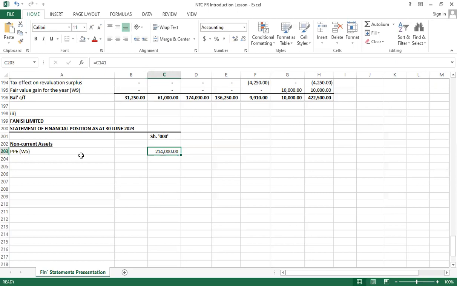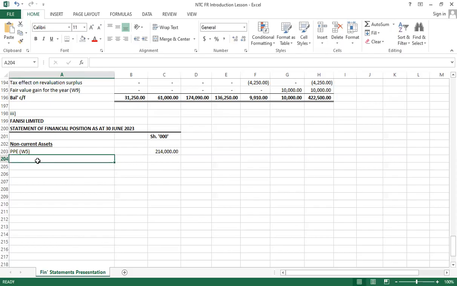Even if the figures for the individual assets are correct, you cannot get marks. So you must make sure that you bring the summarized figure. And so that is it.